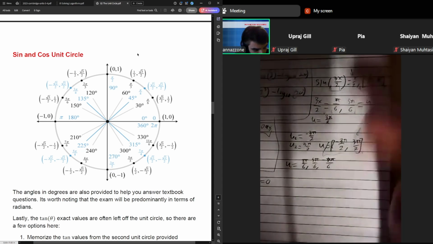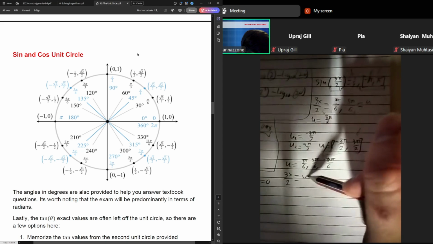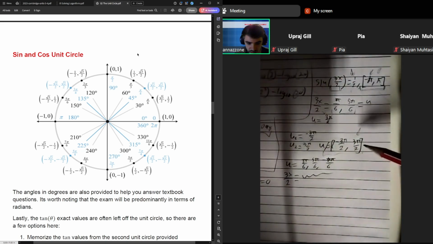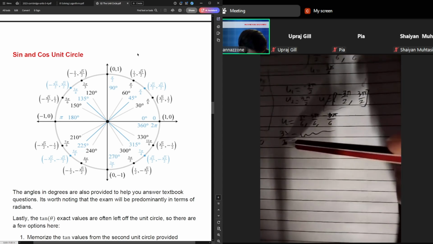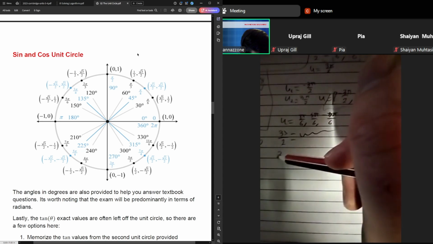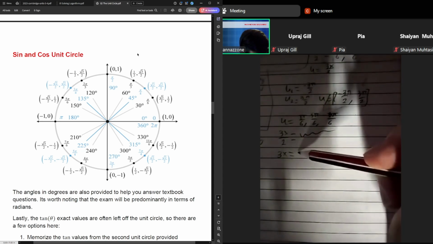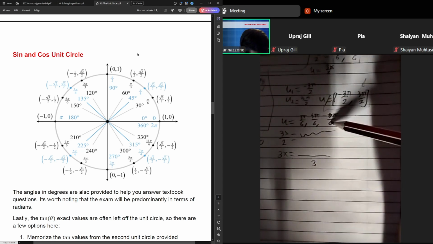From here, now you can do your rearranging, which just means you plug back in what u was, and then you rearrange to get the x back on its own. So from there, it would just be multiply everything by 2 and divide everything by 3. So multiply everything by 2 just means everything is being divided by 3, because all those denominators get cancelled down a bit.